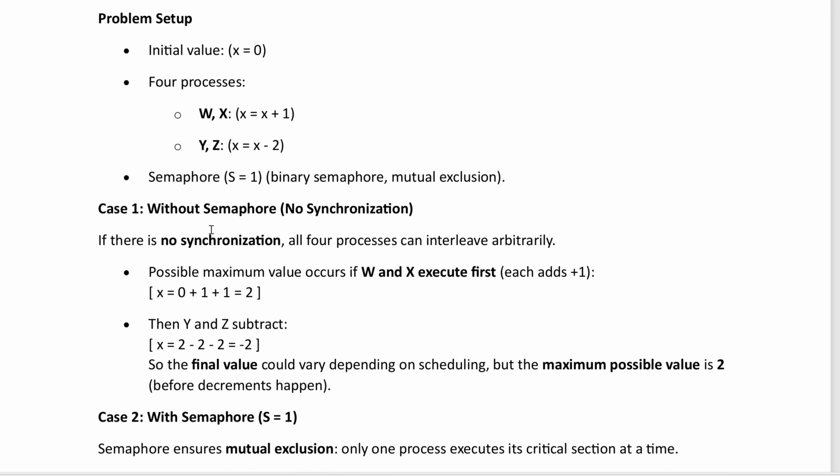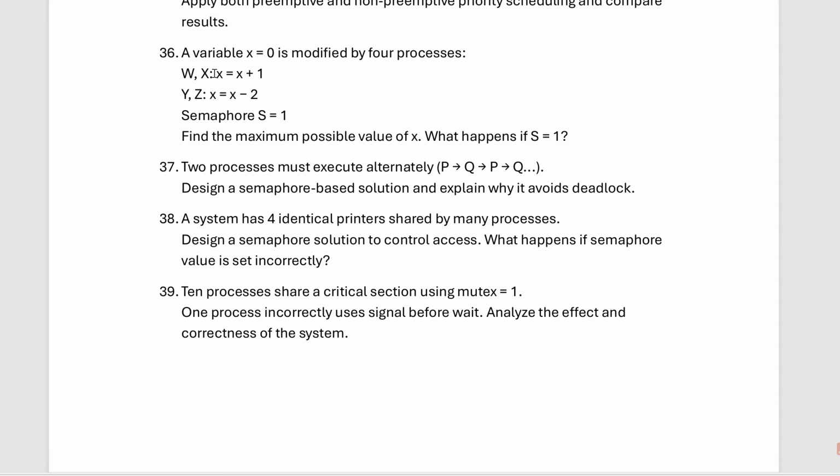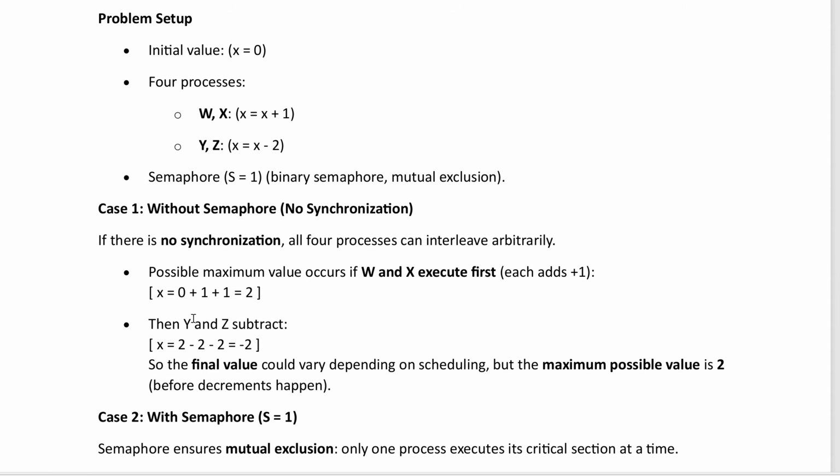First is the case where we use no semaphore, that is, there is no synchronization. If there is no synchronization, all 4 processes can interleave arbitrarily. The possible maximum value occurs if W and X execute first. That is, they add 1.